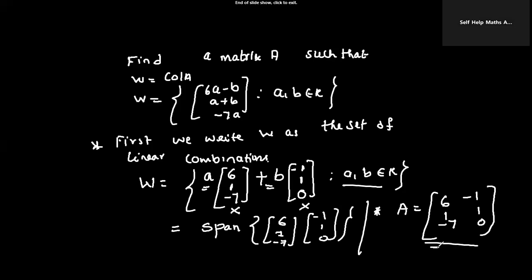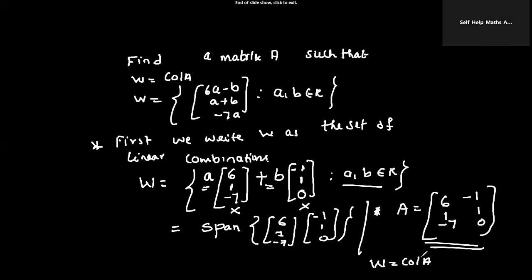Therefore, we have arrived at W equal to Col A, as desired. So these are the steps we need to follow. Basically, the column space of an M cross N matrix A is a subspace of Rm.